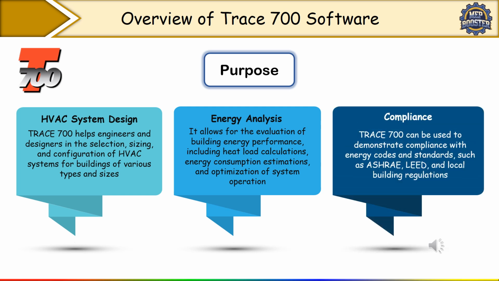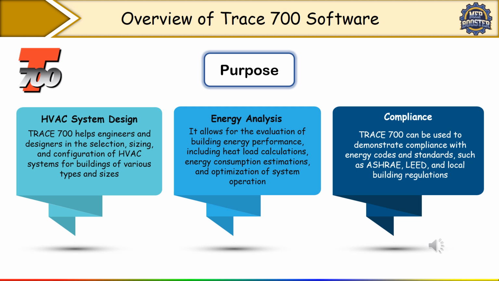Okay, now the third one is compliance and certification. So Trace 700 helps demonstrate compliance with energy codes and standards such as ASHRAE, IECC and local building regulations, ensuring that HVAC systems meet minimum efficiency requirements.